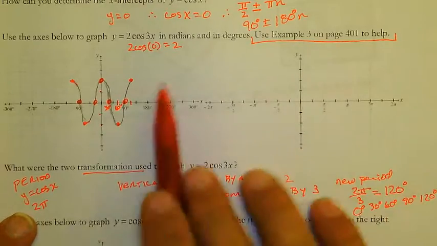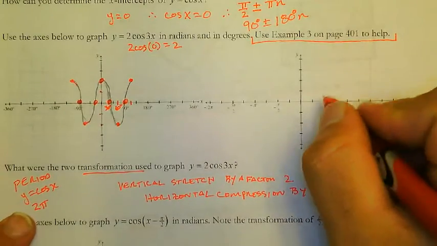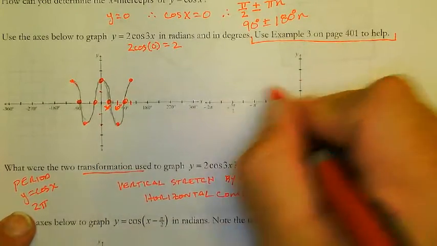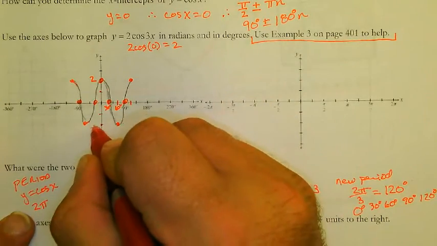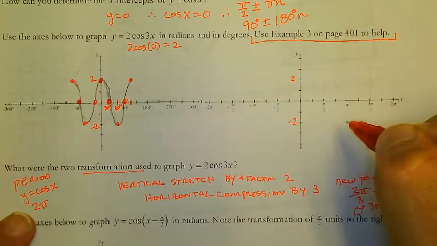And if I was going to draw it in radians, the same setup. So here's 2, here's -2. I get it set up here.